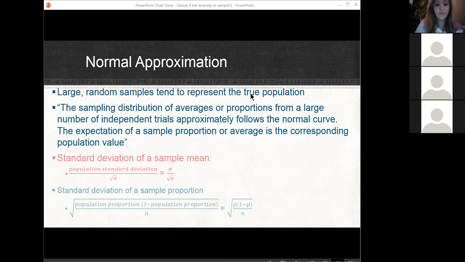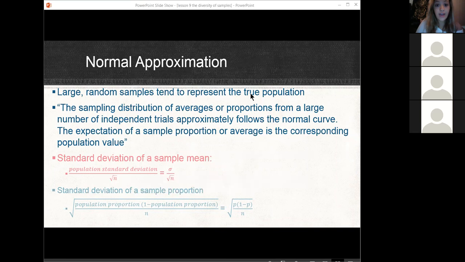And once again, as we've been repeating often, we want those samples to be large and we want them to be random, because if they're large, then they're most likely going to be more representative of our population. If you think about it, our largest sample is the entire population, so however large it is, it's going to be more representative of that true population.